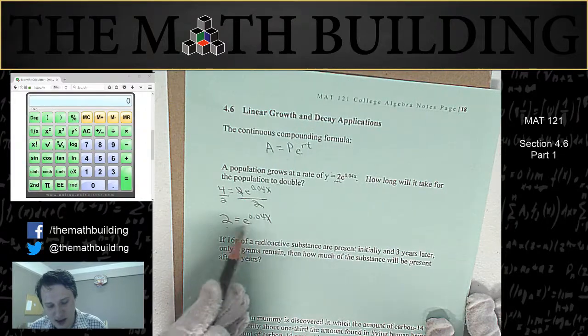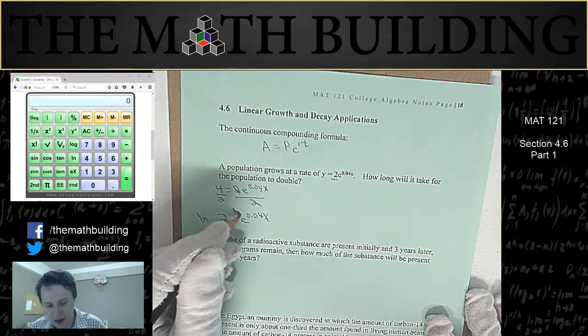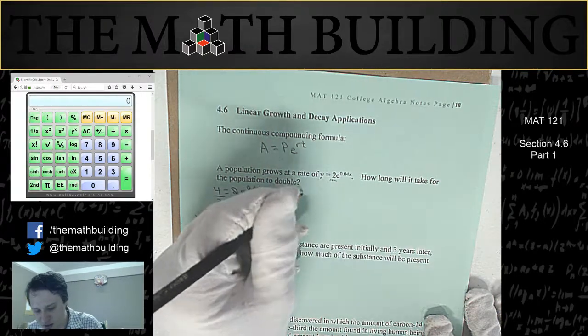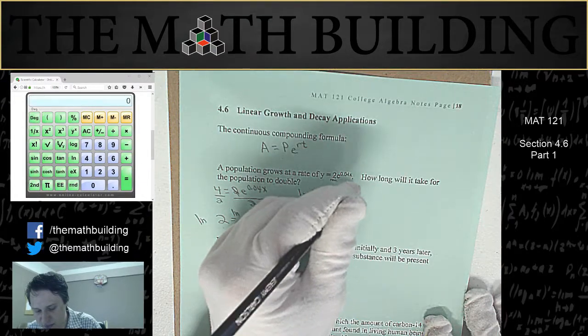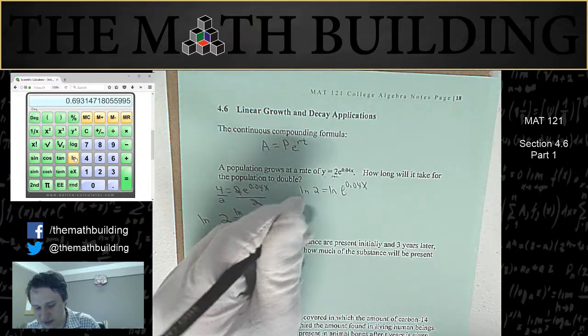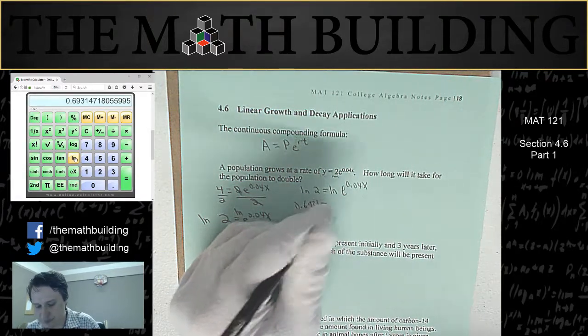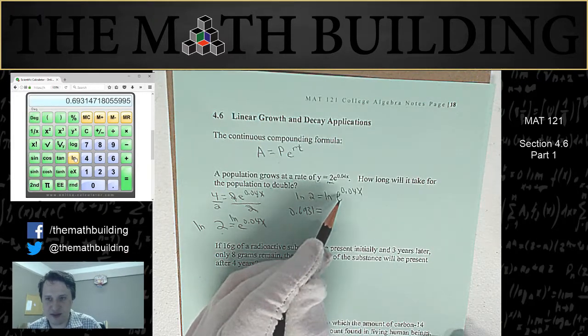All right, so let's solve this. The only thing we can do here is take the natural log of both sides of the equation. So we get the natural log of 2 equals the natural log of e to the 0.04x. So let's go ahead and take the natural log of 2, which is 0.6931. And on the other side, we have the natural log and the e.